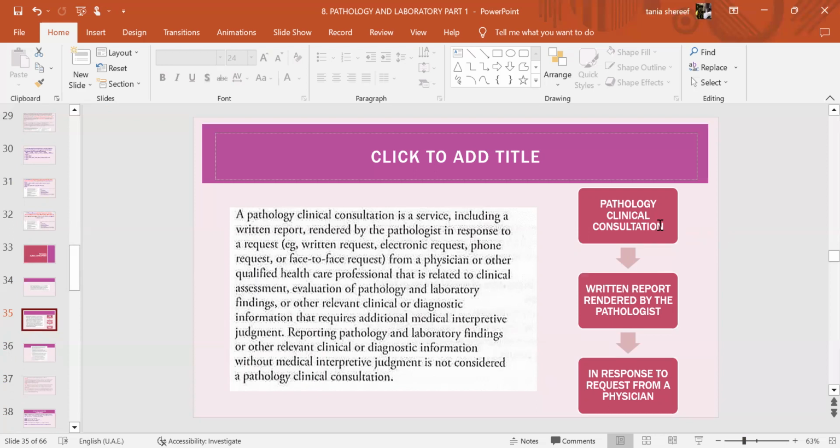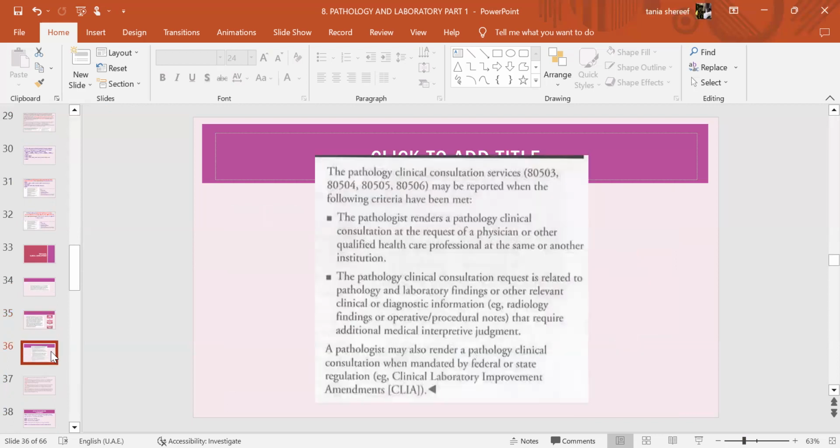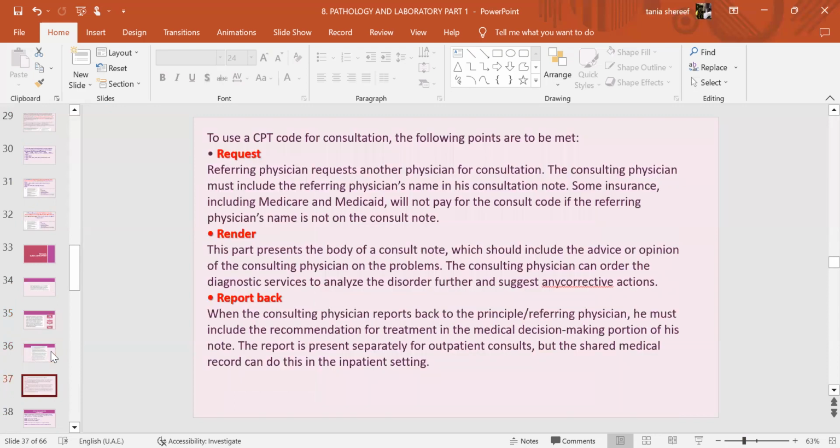So pathology clinical consultation means there is a written report rendered by the pathologist in response to a request from a physician. So this procedure includes the pathology clinical consultation. So we can see there is a request, render, and report back.